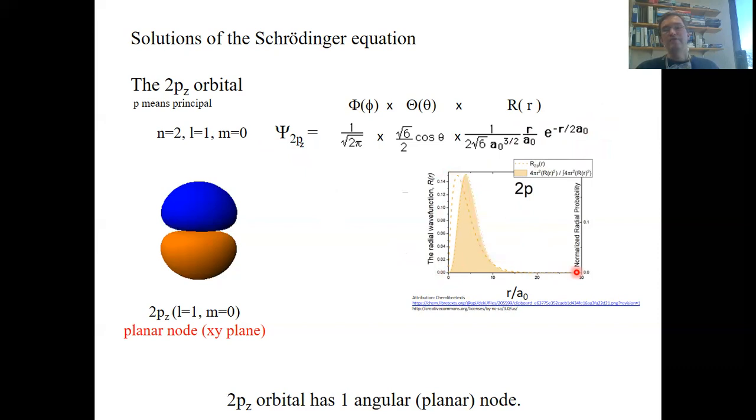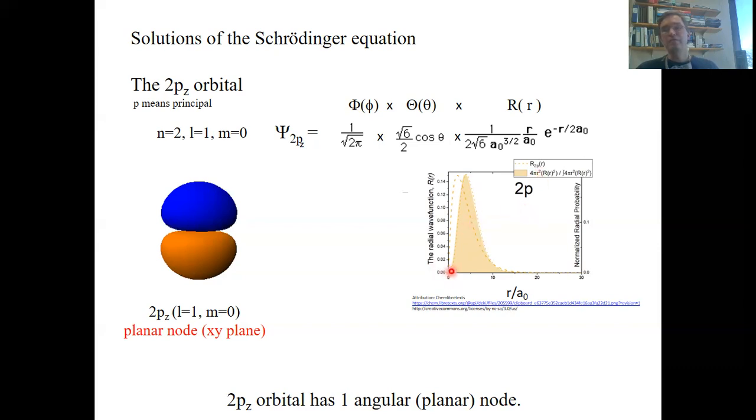All right. So what about the radial probability function? The radial probability function is the square of the radial function times the surface of a sphere with a particular radius r.